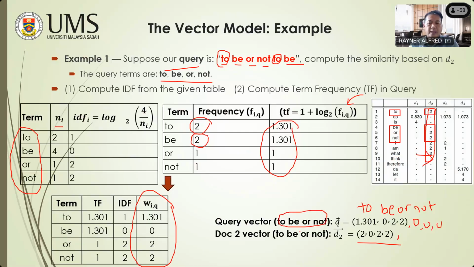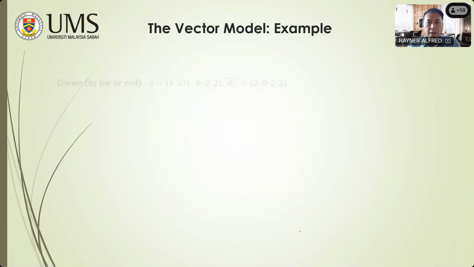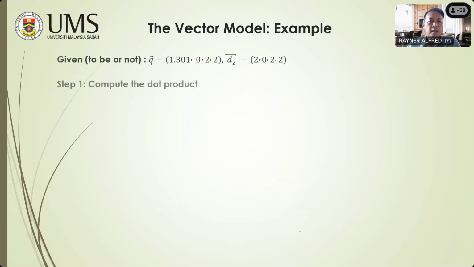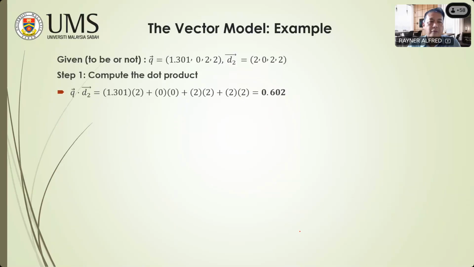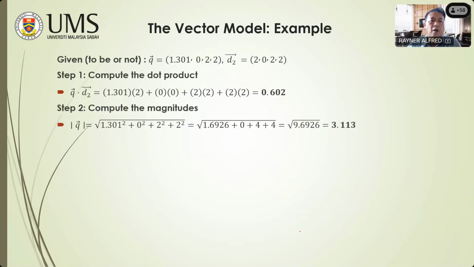Once you get the vectors for Q and document 2, then you can perform the ranking. Basically, you just multiply the vector of Q and the vector of D2, and we get 0.6. Then we normalize by computing the length of Q and also the length of document 2.